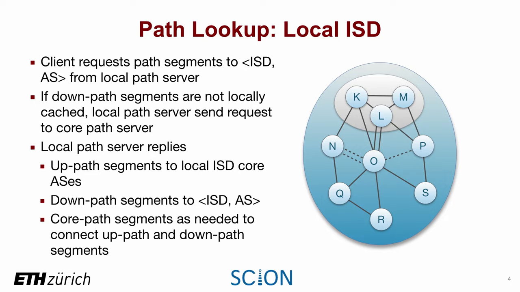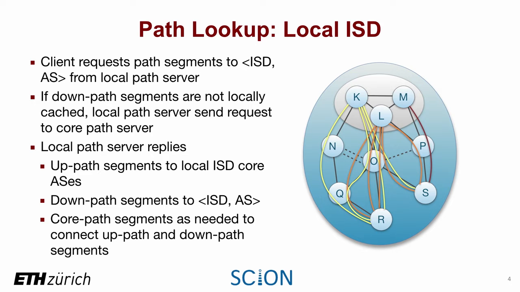Finally, the local path server replies to the host with up segments to the local ISD core, and we can see an example here of these yellow and orange paths going to core AS K and core AS L. And these would be a sample of up paths provided to the host, and then also a sample of down paths that were fetched. And in this example, again, the yellow path goes to core AS K, the orange to core AS L, and the red path to core AS M.